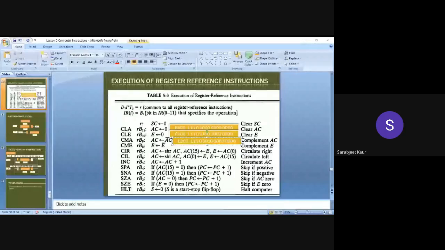When I say shift right, suppose this is the original value of the accumulator. Then each bit shifts one bit to the right.